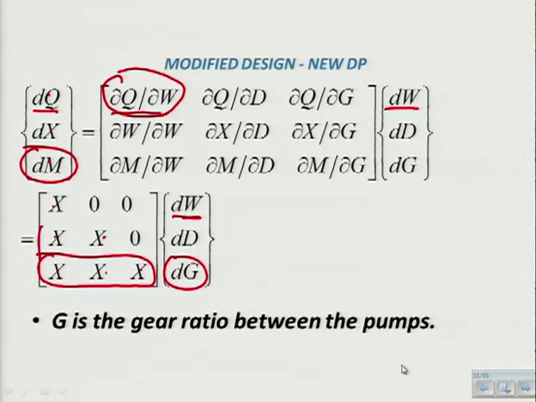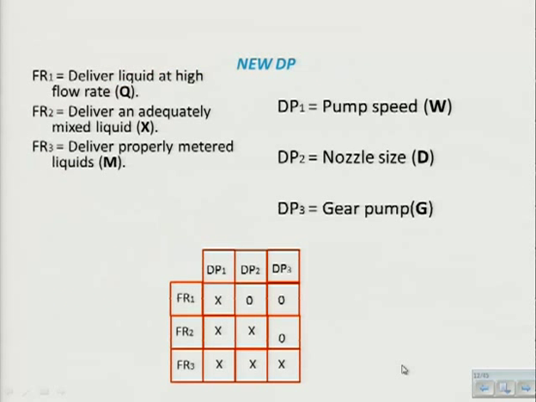So in this case, these interactions may be taking my FRs out of tolerance, first FR2 and then FR3. But in this case, this DP can bring them back into tolerance because it does not influence FR1 or FR2, which in this case is the flow rate and the mixing. All right, so here we go. We have a kind of summary here.